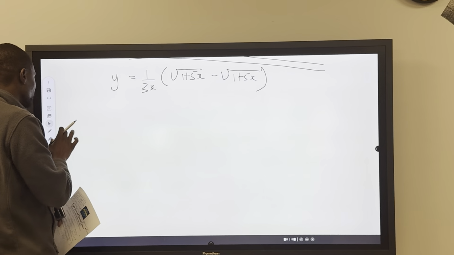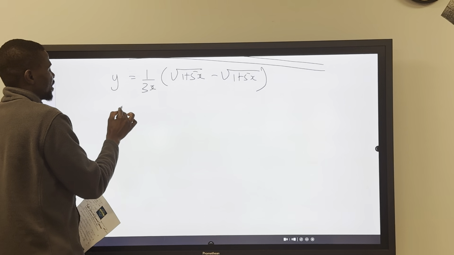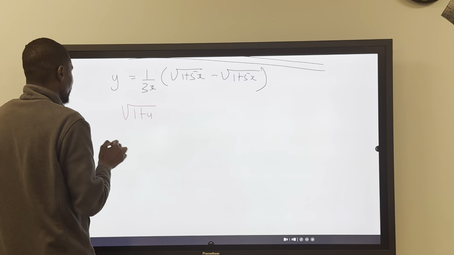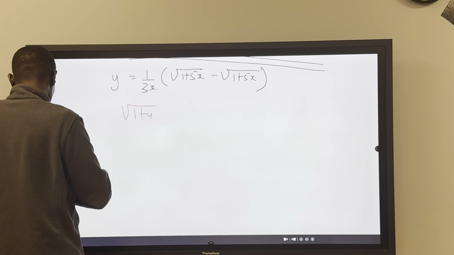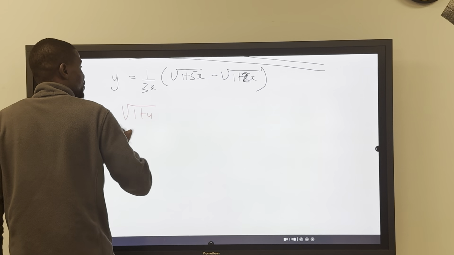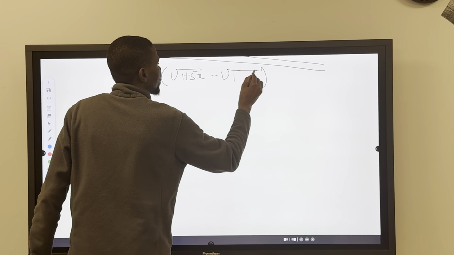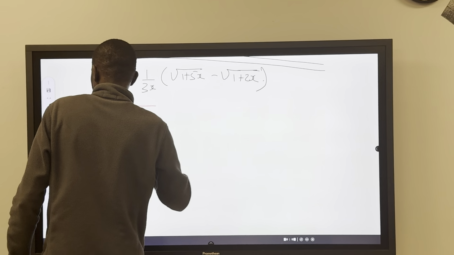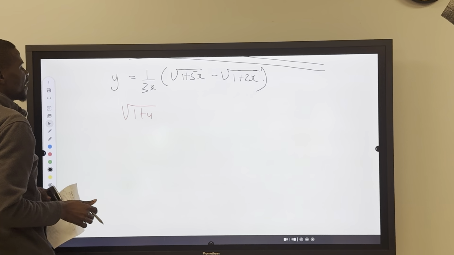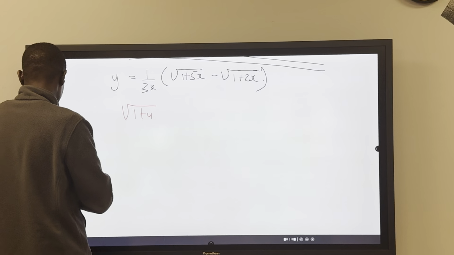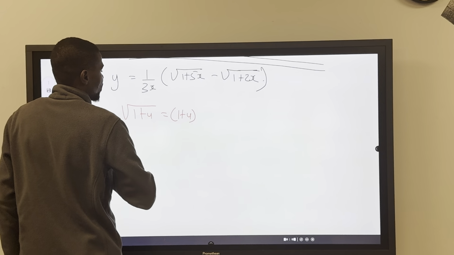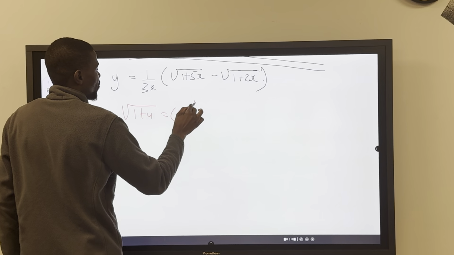Don't stress at all. One thing that you need to know is that if we have square root of 1 plus 2x, when we have this, right, it is the same as 1 plus u to the 1/2.